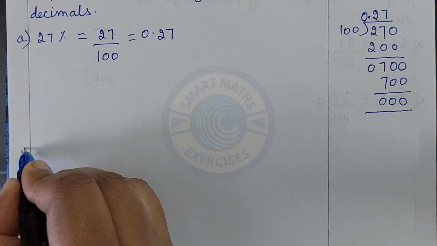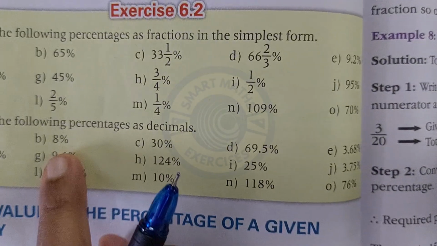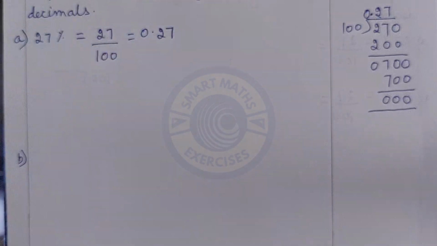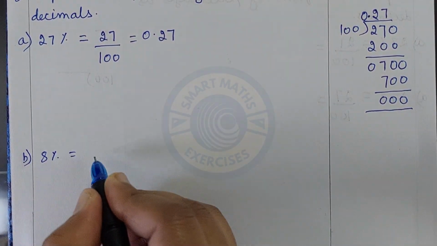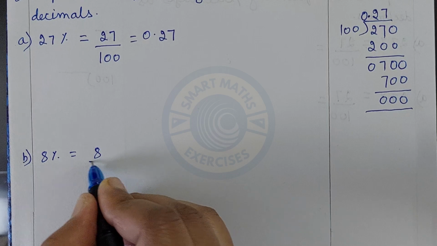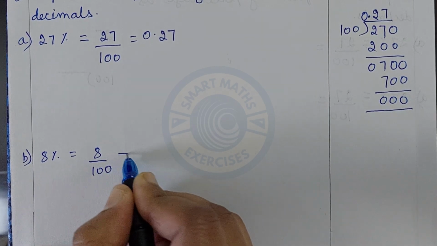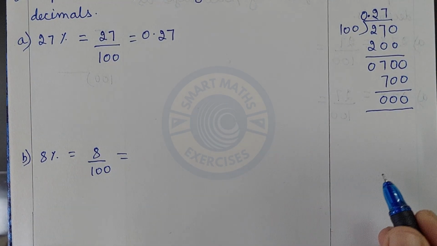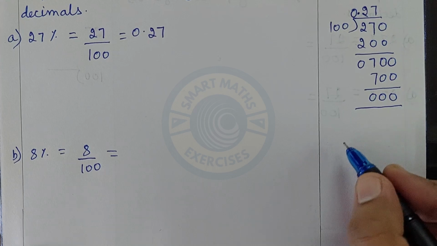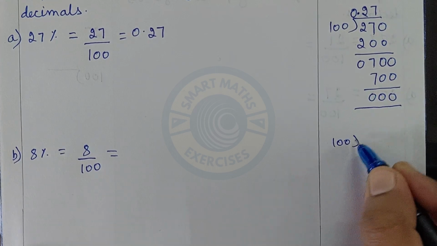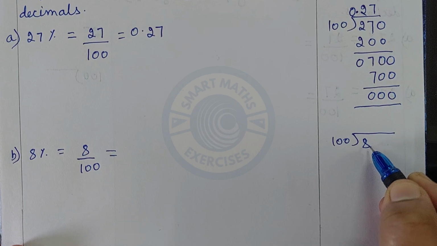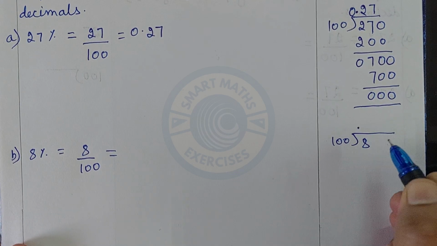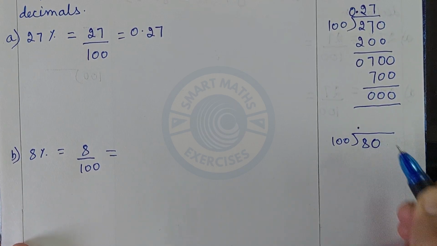Second question, B. 8%. We should divide 8 with 100. So 100 outside and 8 inside. Since we have 8 here, so add a decimal point and add a 0.